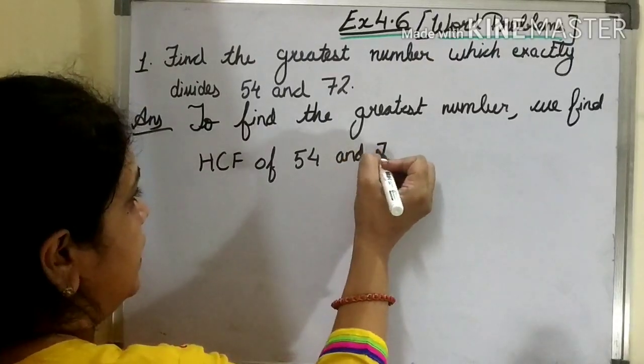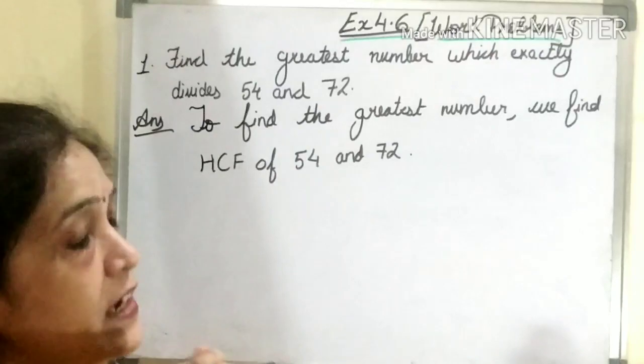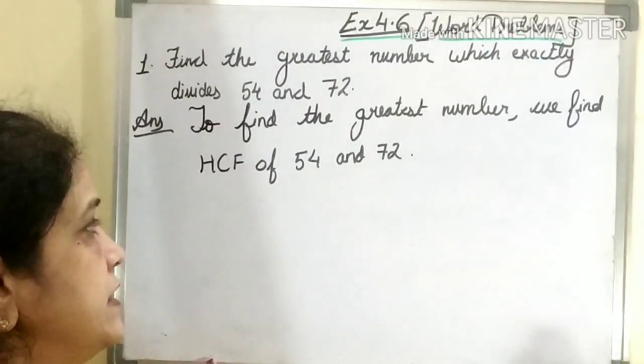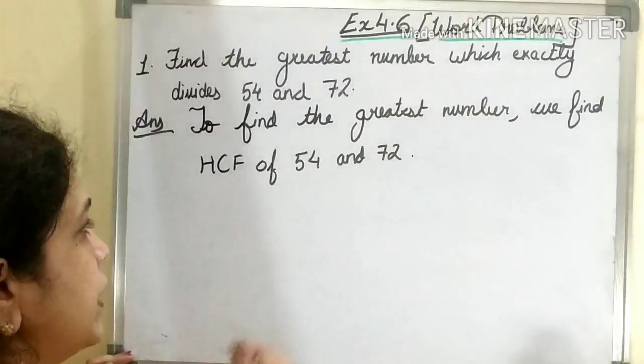Just remember, when the greatest number is given in the question, we will find the HCF, and when the least or smallest number is asked, then we will find the LCM. So here we have to find the greatest number, so we will find the HCF of 54 and 72.